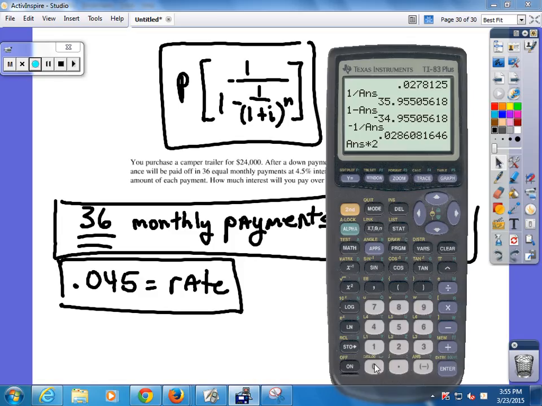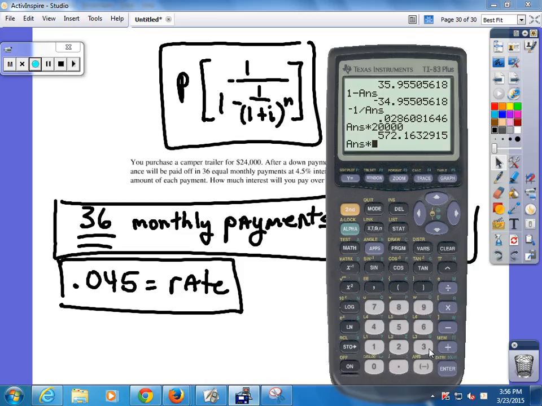What did we get? $572 what? Dollars a month. Everybody with me? That's your payment. $572 a month. Now how many months do we have it for?